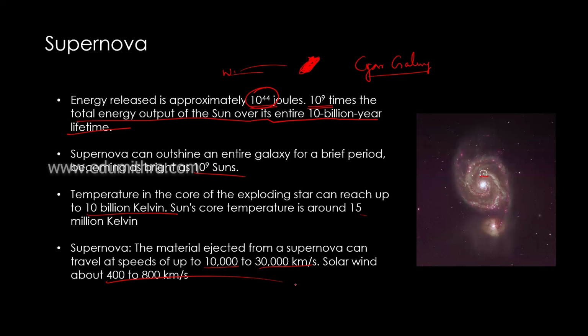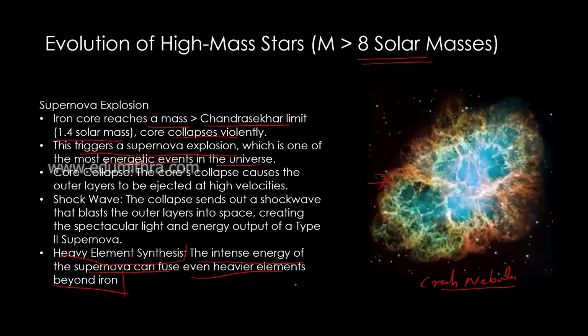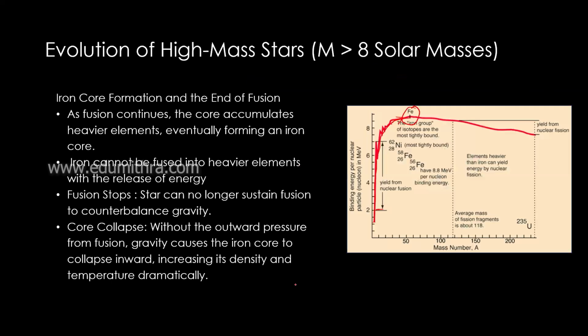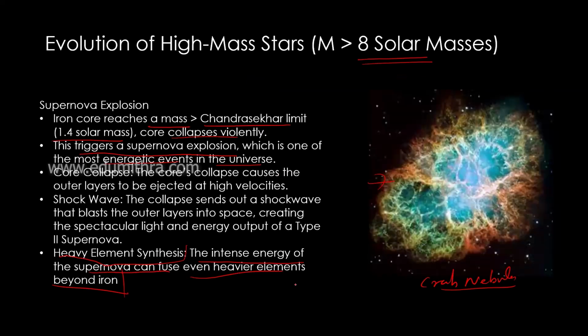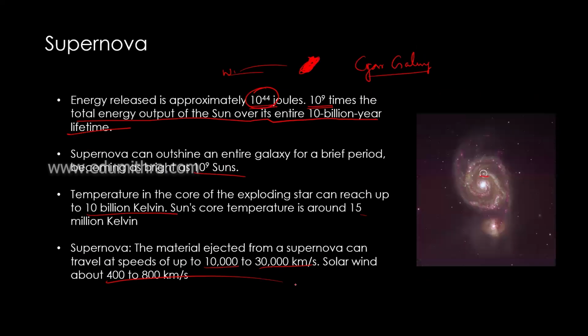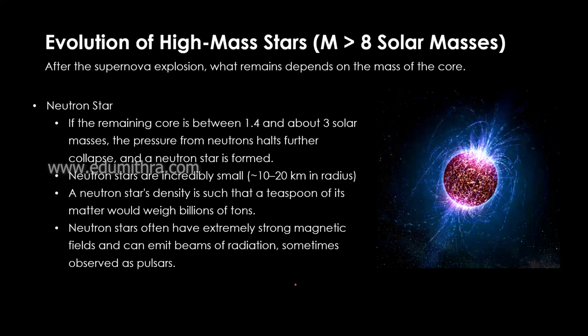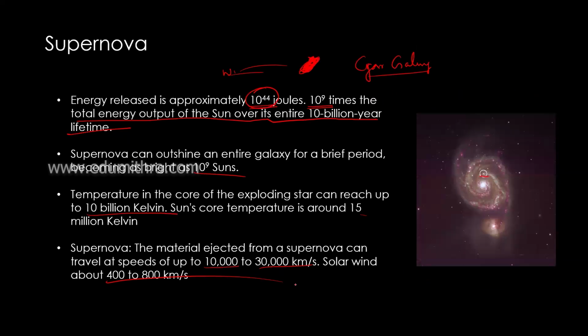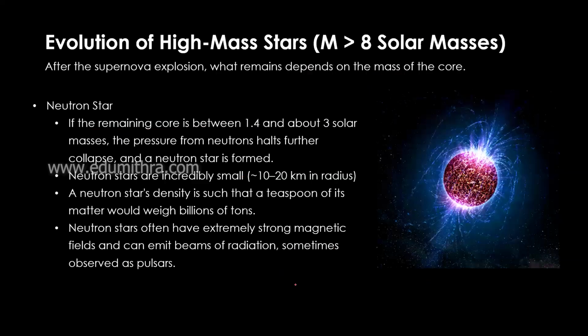Okay. So now what will happen to that iron core? If you remember, there was an iron core at the center that has collapsed. So that collapsed star or collapsed iron core will consist of protons, electrons and neutrons, basically the particles inside the atom. Now what will happen?